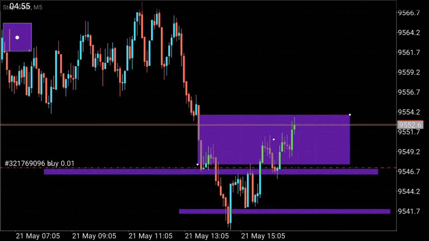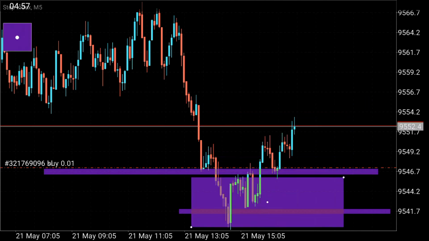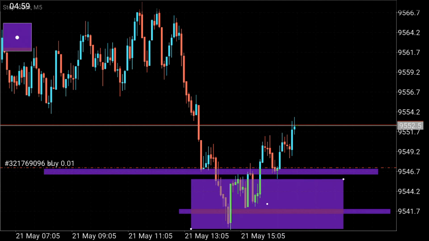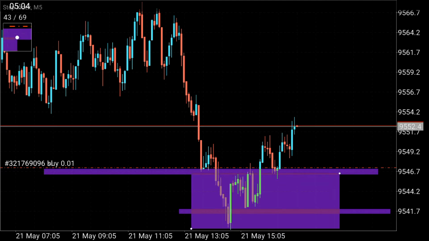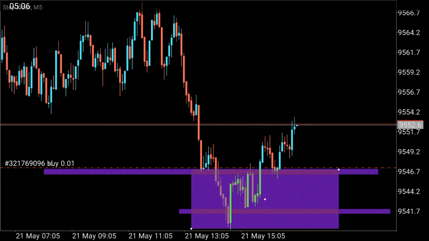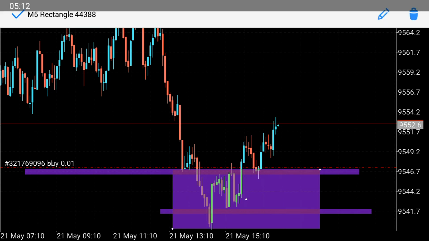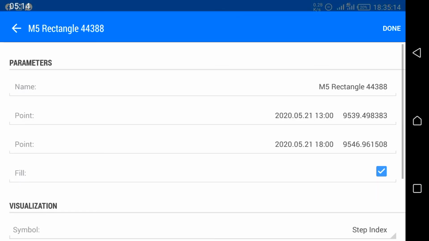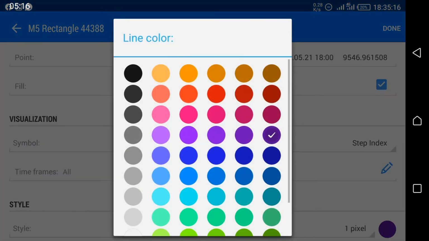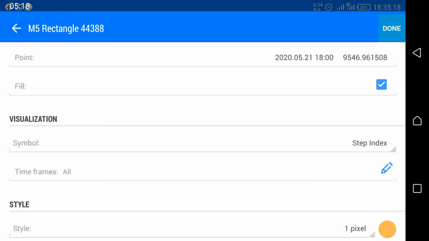So you calculate from the center, from the bottom wick up to the neckline. Maybe let me change the color so that you perceive it correctly. Let me change the color for your take profit.